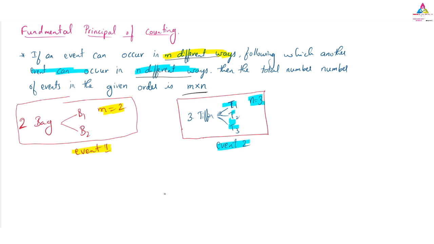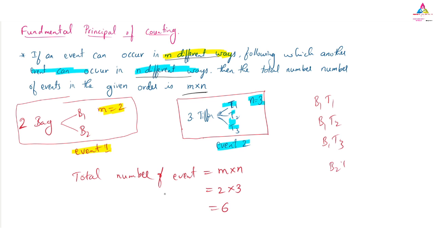The total number of events is m into n, where m is 2 and n is 3, so the total is 6. We had already got that: b1 t1, b1 t2, b1 t3, b2 t1, b2 t2 and b2 t3. Without doing this arrangement we can directly say there are 6 events in total. You can count 1, 2, 3, 4, 5, 6. That was our first question.